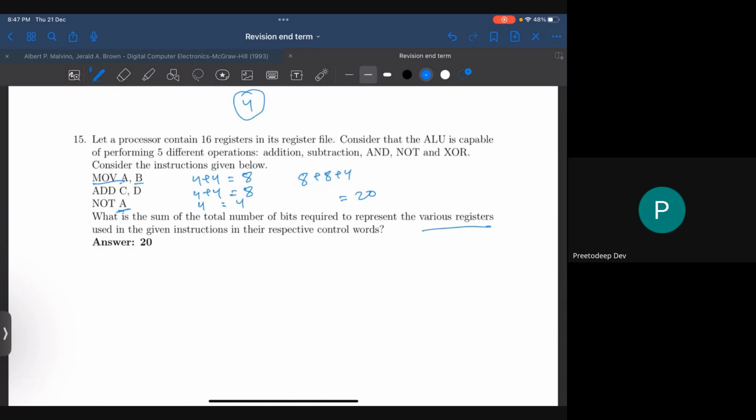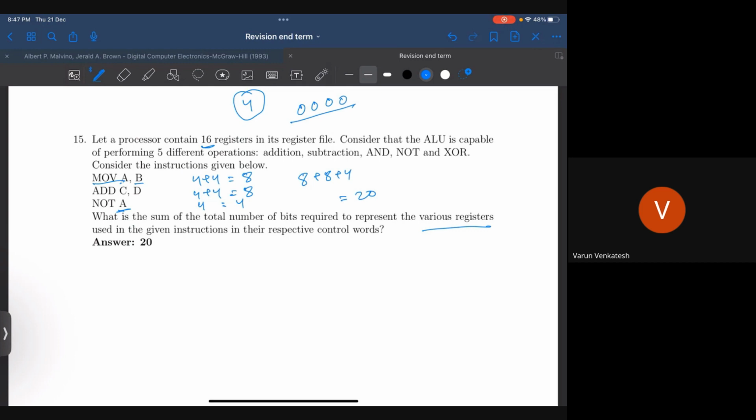So for this one, I had answered 16 because there are just 4 registers. So we don't need to take unique ones here. Even if it's repeated, we have to sum it up because we only have 4 registers, A, B, C, and D. So we would need 16 bits to represent the various registers, correct? You can see that there are 16 registers, so 4 bits are required to identify each register.